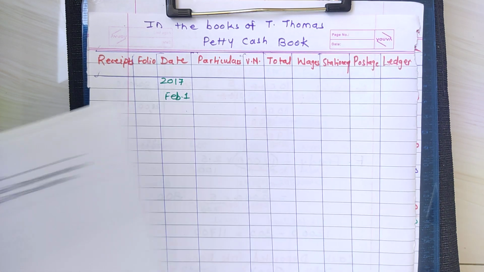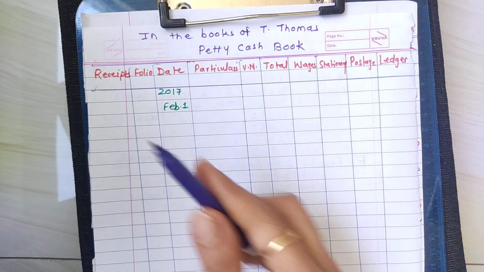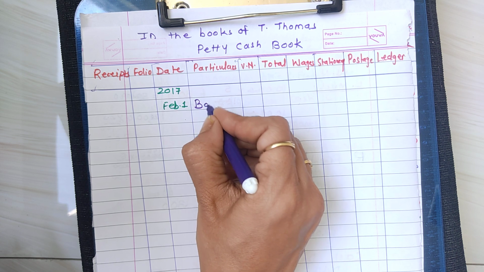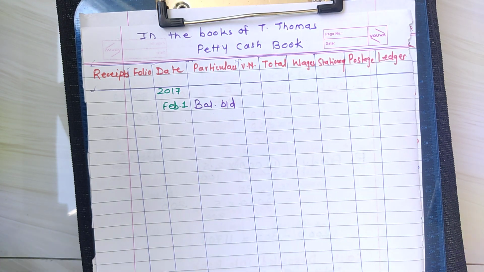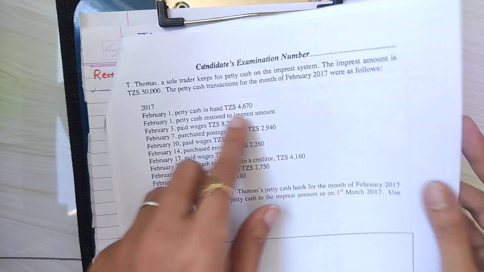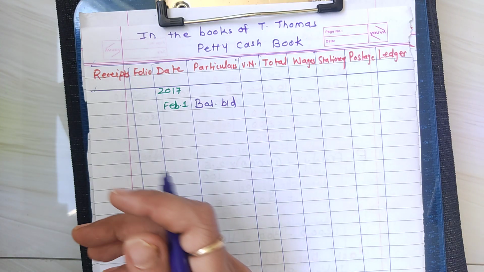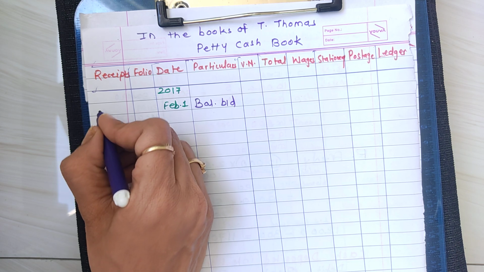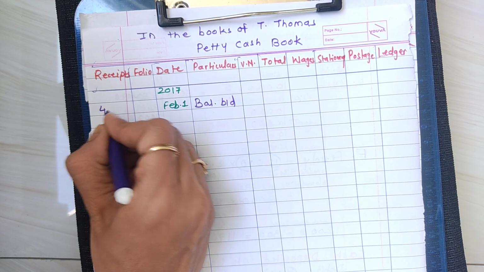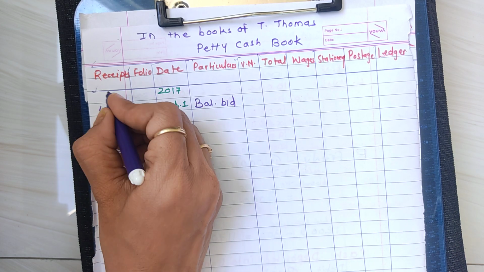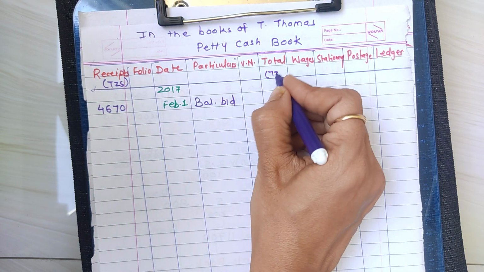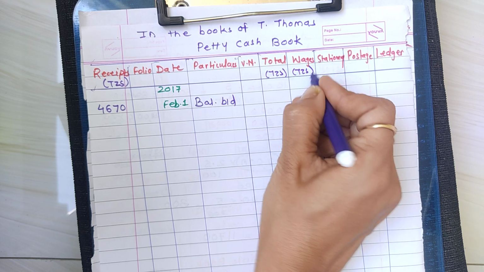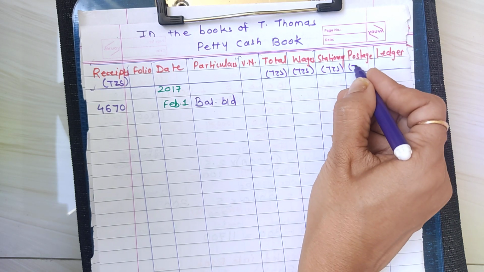So on February 1st, you can write down balance brought down 4670. These amounts are in Tanzanian shillings. You can write down in brackets the currency given in the question.